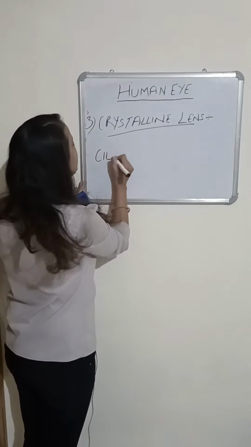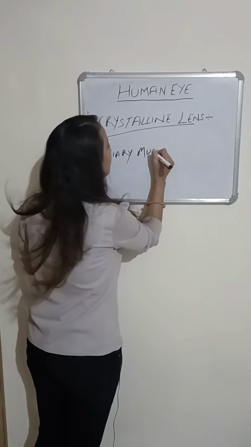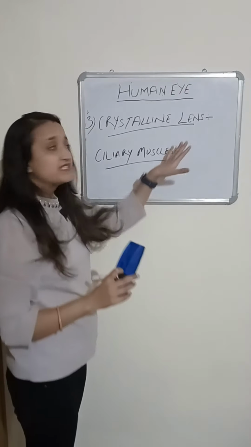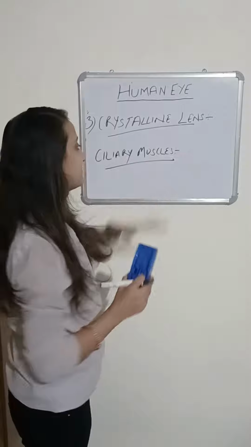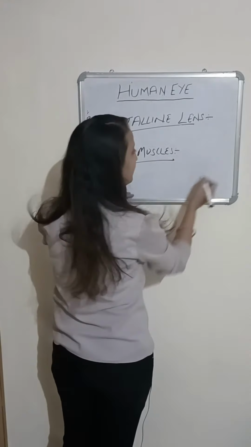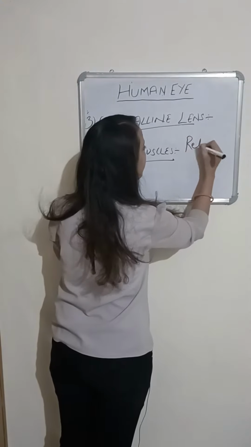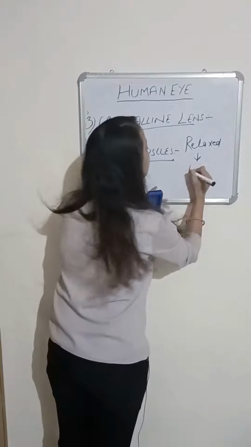Now, ciliary muscles. Ciliary muscle surrounds the crystalline lens. It surrounds the lens. When the ciliary muscles are relaxed, the lens becomes thin.